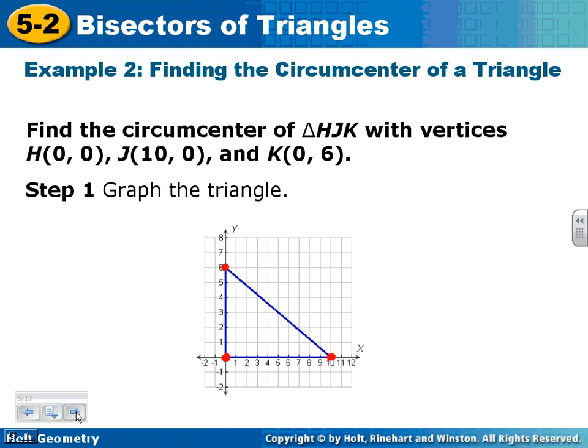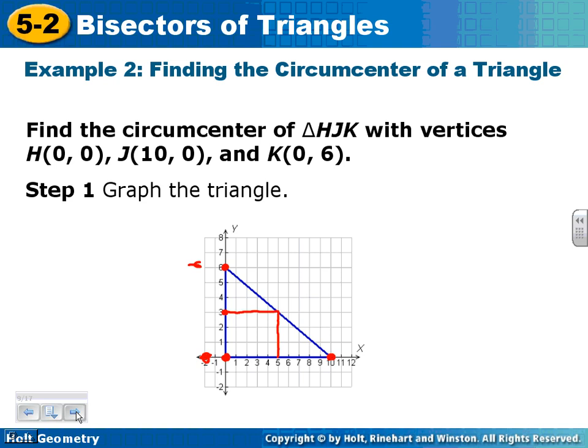If you look back at the third slide, where is the circumcenter of a right triangle? It's on the triangle itself. So if I draw in my three perpendicular bisectors, it goes from 0 to 6, so halfway is 3, and I just go straight across. And the bottom one goes from 0 to 10, so find 5, that's halfway.